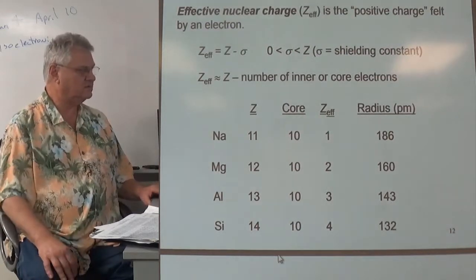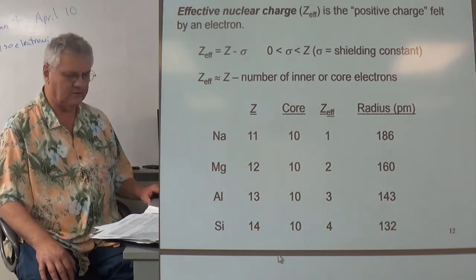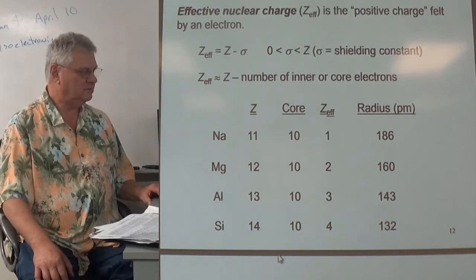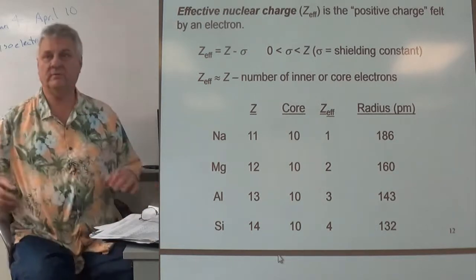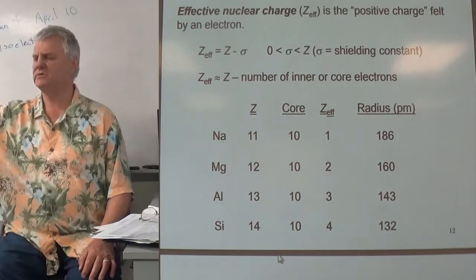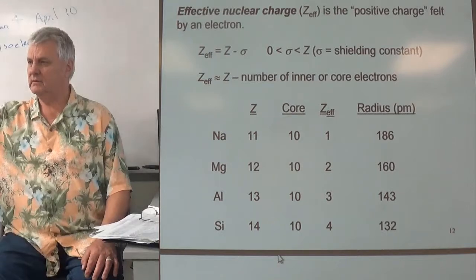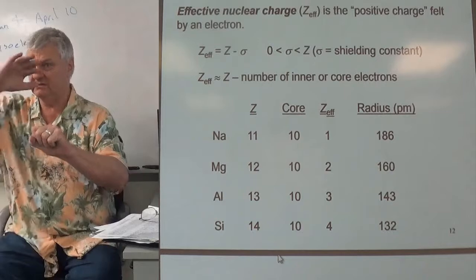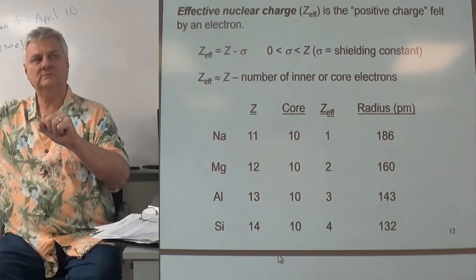The chapter also talks about effective nuclear charge, and this has to do with the positive charge that's felt by an electron. Now, why would the charge that's felt by an electron be any different than the actual charge of the nucleus? Well, we've been learning about these orbitals, and so if you're an electron in an outer orbital, or valence electron or something, the protons are in the nucleus, but then there's layers of electrons in the filled orbitals before you get to the outermost electron.